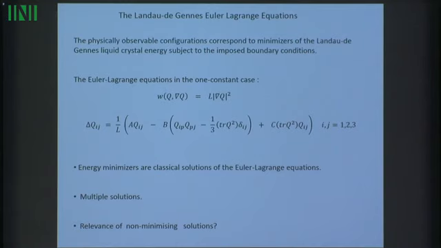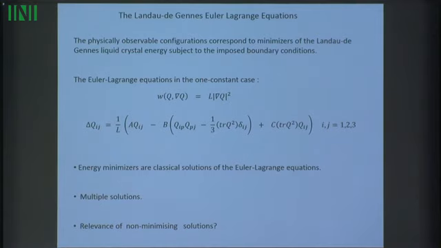But you can prove that actually all critical points, not just minimizers, are classical solutions of the associated Euler-Lagrange equations, which I've written down here. If you just look at the slide, this is what makes this a hard problem mathematically. It's a system of 5 nonlinear elliptic coupled partial differential equations.